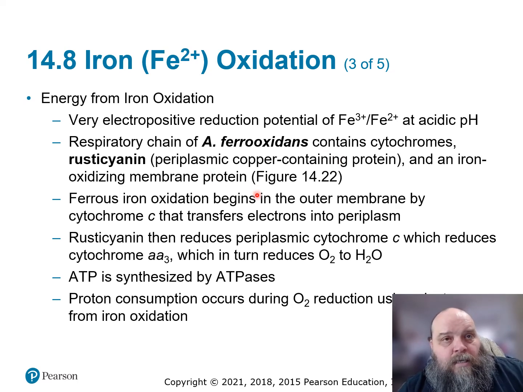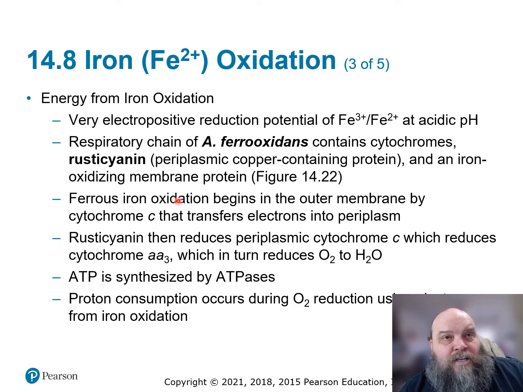Copper-containing, so remember the cytochromes have different ring structures. Well, here it's going to have copper at the center as opposed to iron or magnesium, as we've seen in previous sections. The iron oxidation begins at the outer membrane.